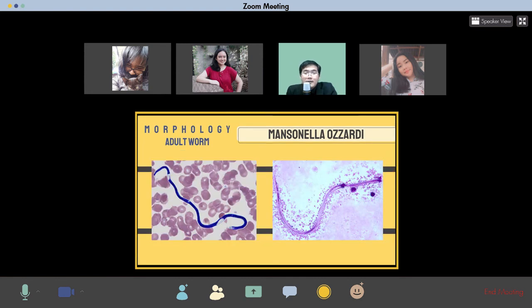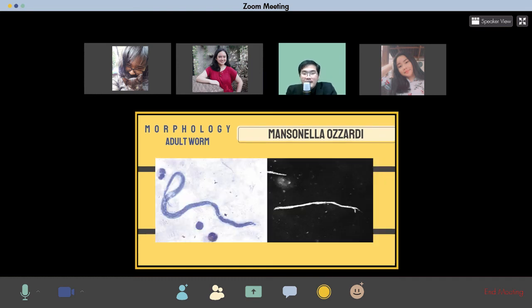As seen in these micrographs, these worms have little to no asymmetry at all. They are bilaterally symmetrical, long, slender, and cylindrical.